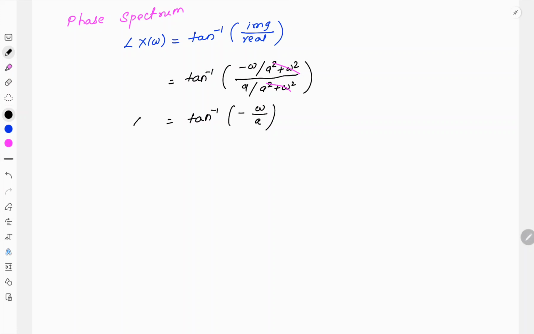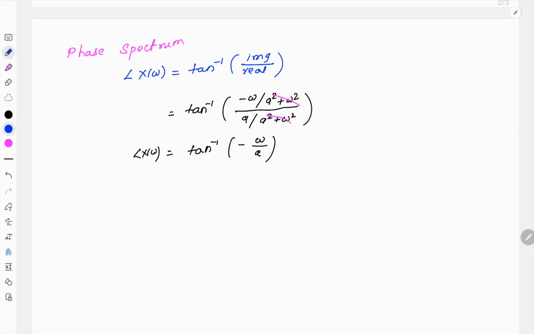So this is our angle of X of omega. So for phase spectrum we have taken tan inverse of imaginary upon real term. We have substituted imaginary term as minus of omega upon a square plus omega square, and real term as a upon a square plus omega square, so it gets cancelled out, and we get angle of X of omega equal to tan inverse of minus omega by a.